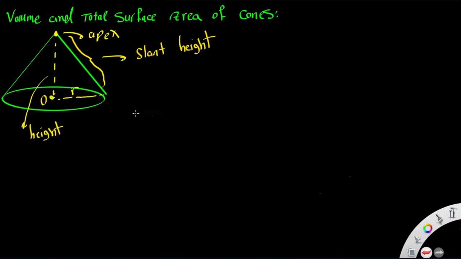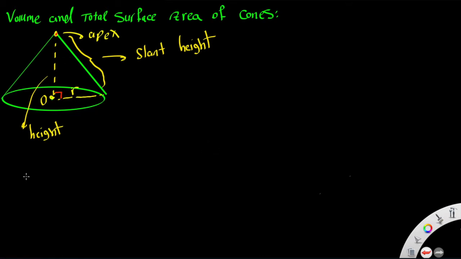Pay attention to these points: the height, base radius, and slant height together make a right angle triangle. So whenever you have two of them and one is unknown, you can find the third one using Pythagoras theorem, as they make a right angle triangle.